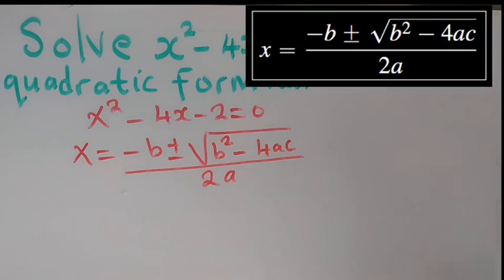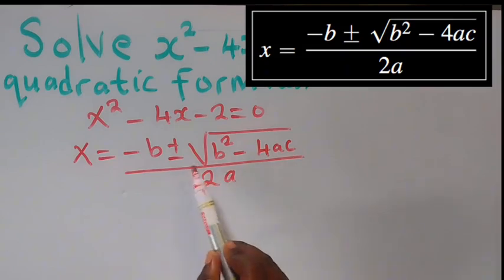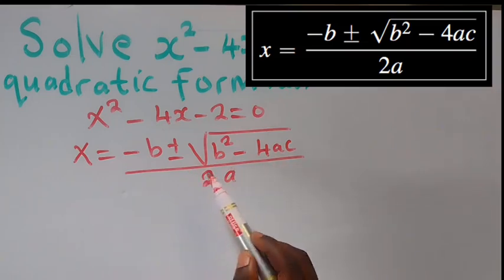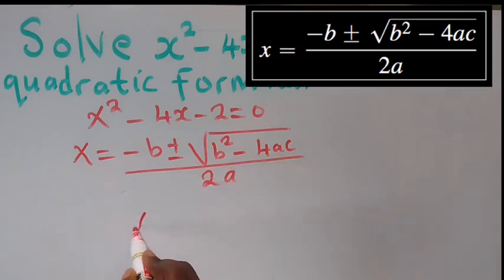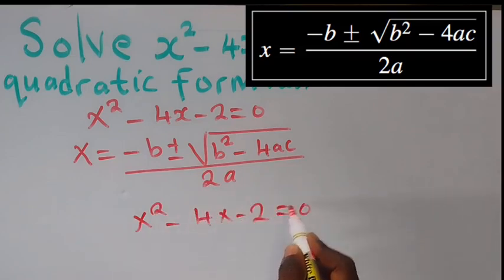This is our quadratic formula that we are going to use. Now here you can see we have b, there is also a, there is also c. So we need to find out what values are representing these variables. We have x² minus 4x minus 2 equal to 0.